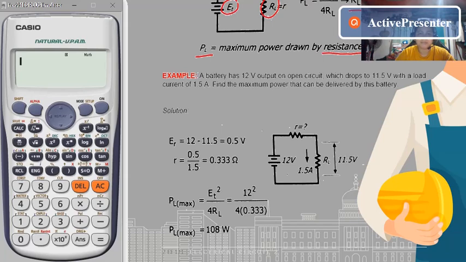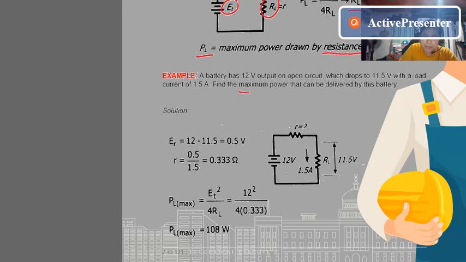Find the maximum power that can be delivered by this battery. Therefore, our unknown is the maximum power. First, we need to write our givens from our problem. It gives the total voltage, which is 12 volts output.